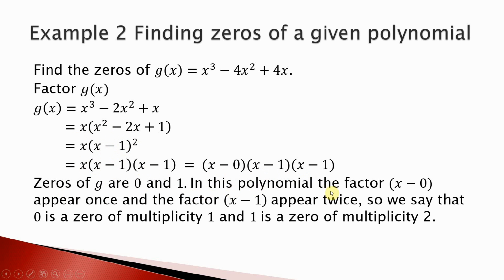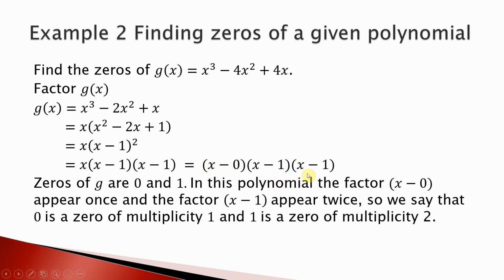So in this polynomial, the factor x minus 0 appears once and the factor x minus 1 appears twice. So we say that 0 is a zero of multiplicity 1 and 1 is a zero of multiplicity 2. Okay, so when you look at these factors, you see that you have x minus 1 two times.